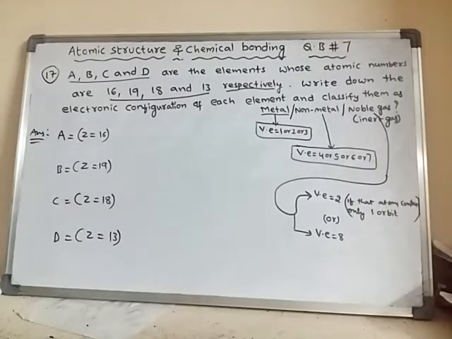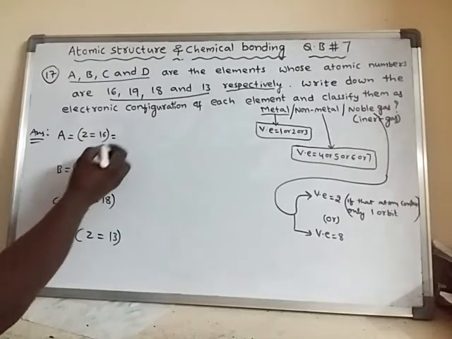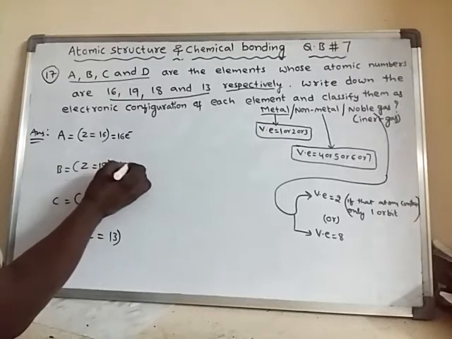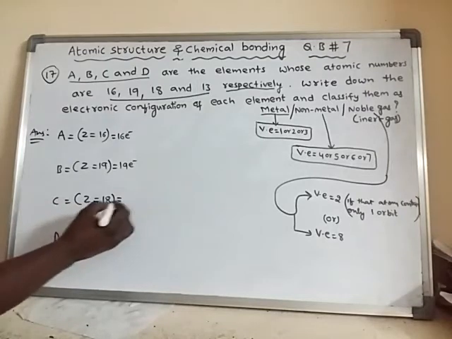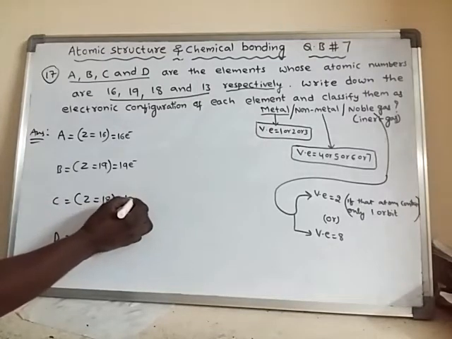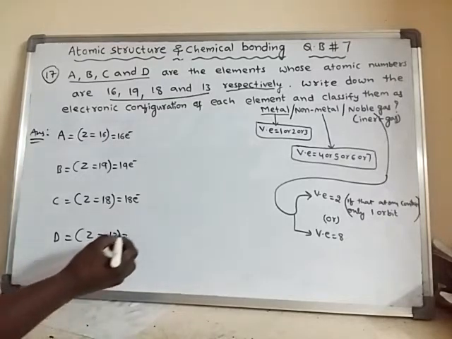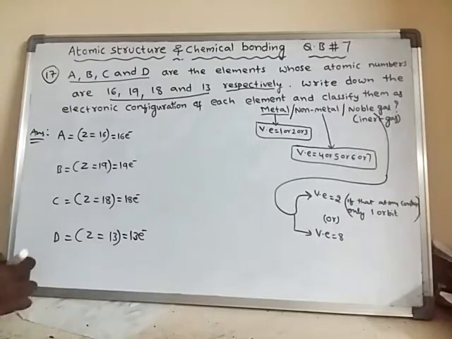As atomic number equals the number of electrons in a neutral atom, there are 16 electrons in atom A, 19 in B, 18 in C and 13 in D.